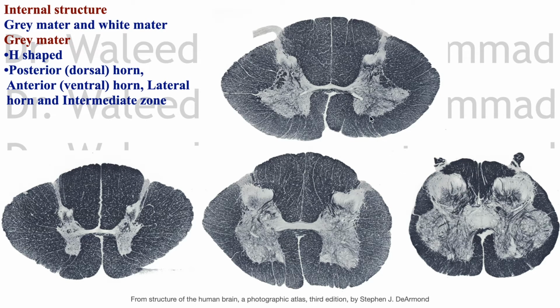You can differentiate between the different levels of the spinal cord according to the amount of the white matter in ratio to the gray matter. As you go lower down, this is the sacral region. See, the ratio of gray matter to white matter is much bigger than that of the cervical region, for example. And the shape of the gray matter in the middle is roughly an exact H in the thoracic region. This is the lumbar region, where the posterior horn and anterior horn are rather thick.